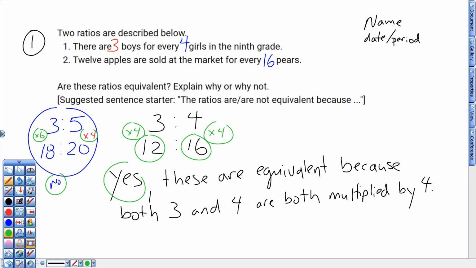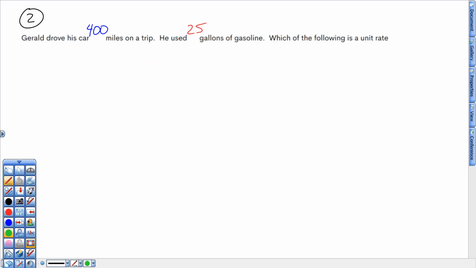Here we go. Number 2. This one, clearly unit rate. Unit rate is when you have something over 1. So you take that 400 miles and divide that, type that in your calculator first, divide it by 25 gallons.